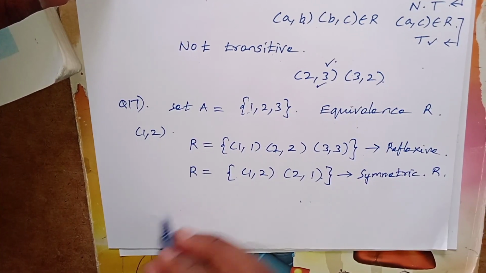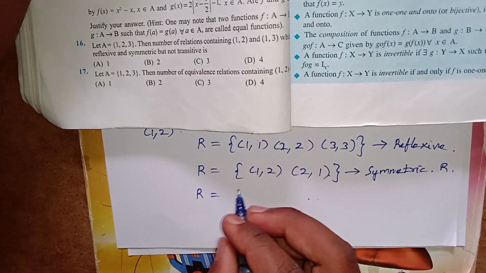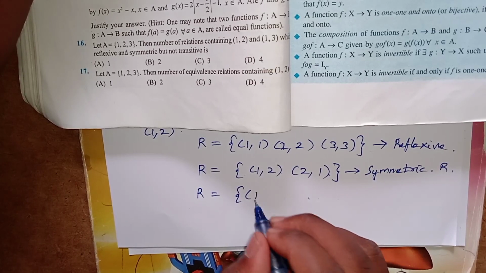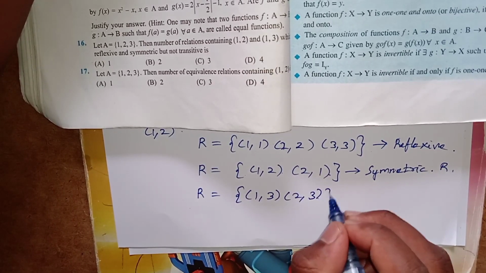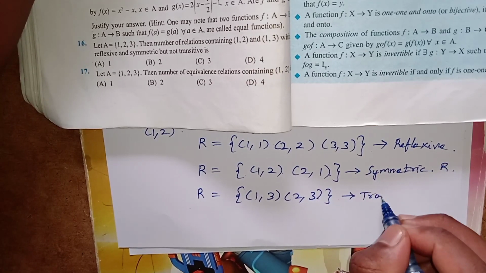For transitive we need another two terms: (1, 3) and (2, 3). We need two terms for transitive.